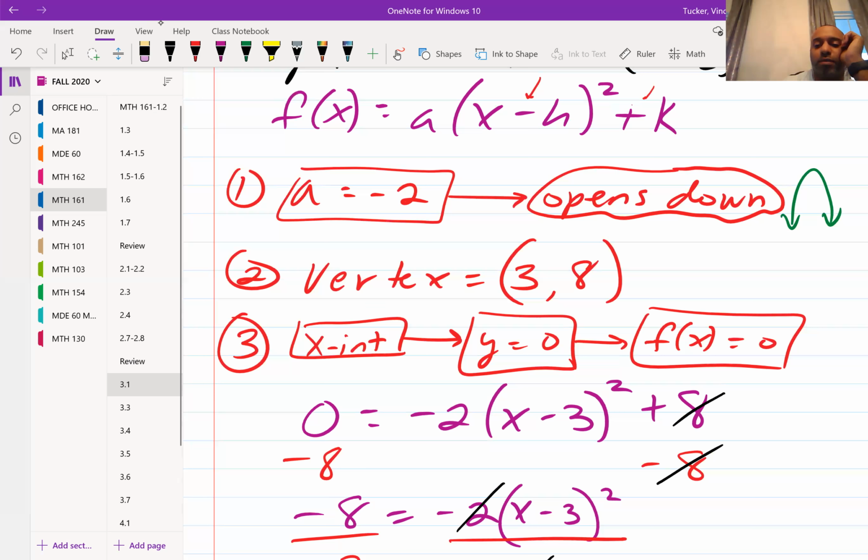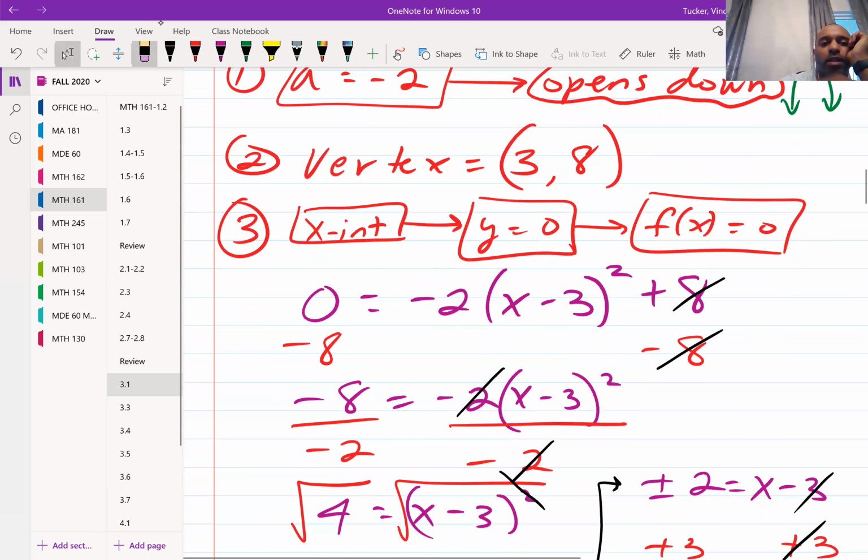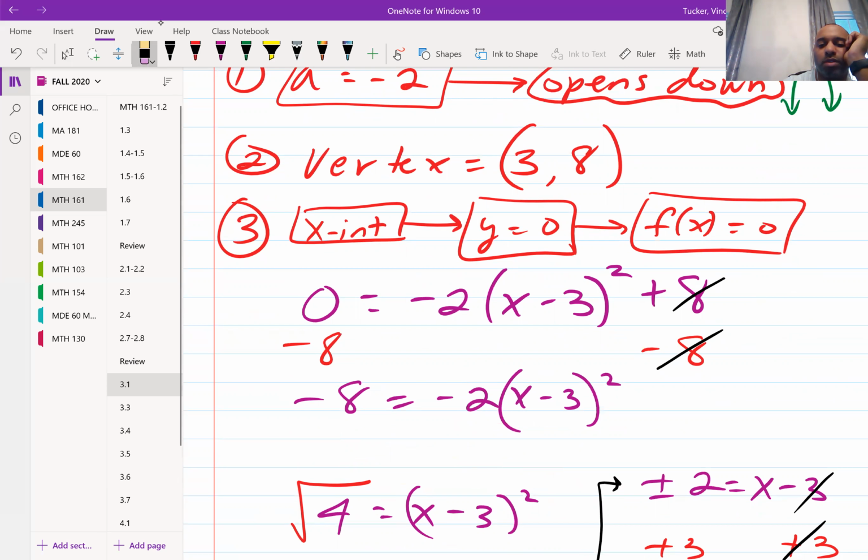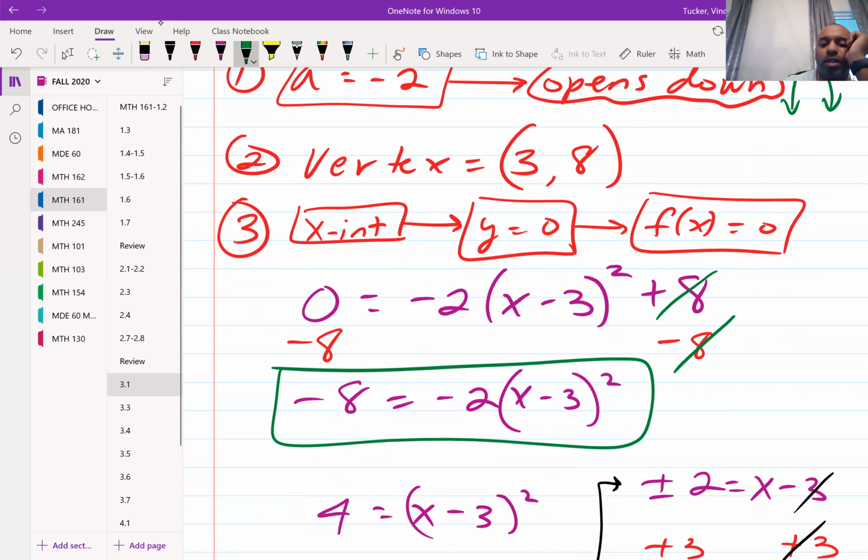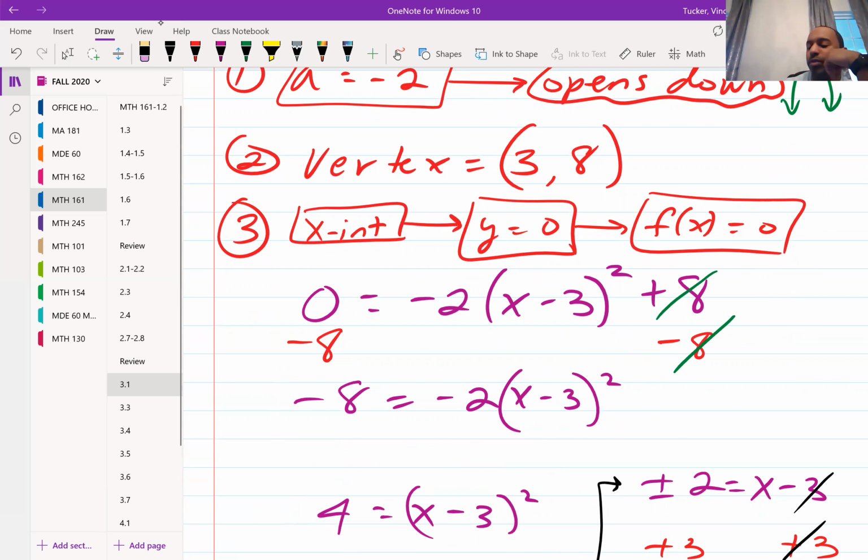Now solving for x, the first thing we're going to do is subtract 8 from both sides. So 8 will cancel, and that leaves us with -8 is equal to -2 times x minus 3 squared.